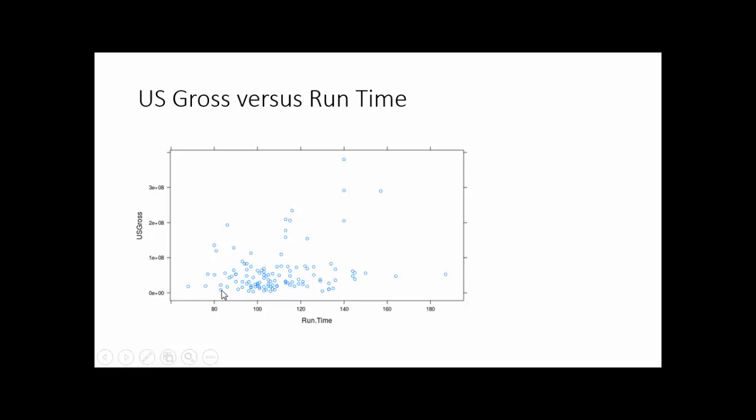Movies less than 90 minutes are making next to nothing, and also making quite a bit of money. So there doesn't really seem to be much pattern here. The direction may be positive, but it's not 100% clear.